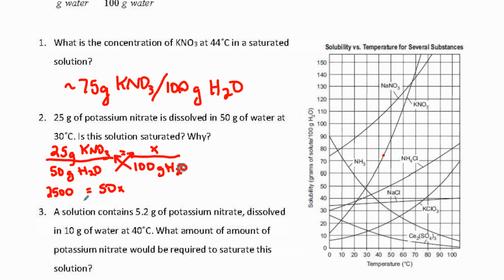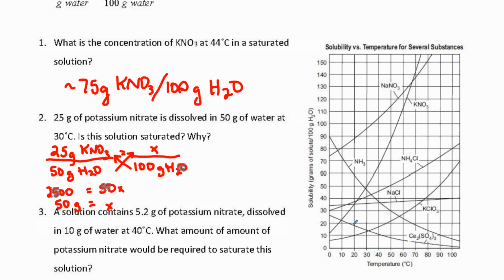And then if I divide by 50 on both sides, I would get x equals 50. And that would be 50 grams. So if I am now going to read this chart, I'm just going to get rid of the point we made before so we don't get confused.